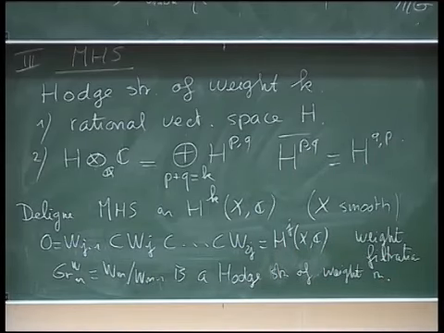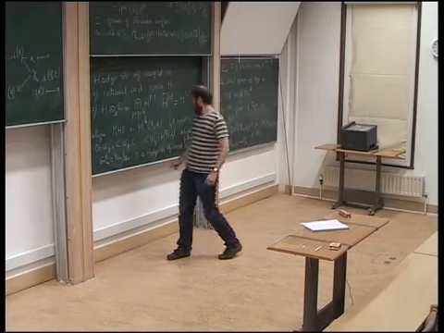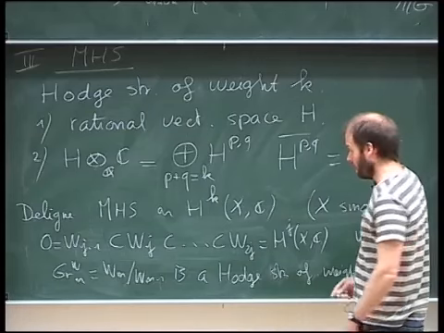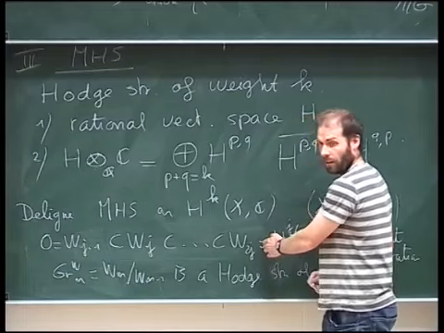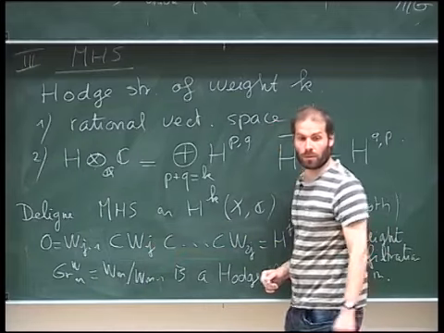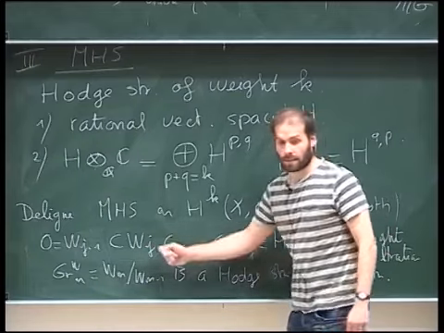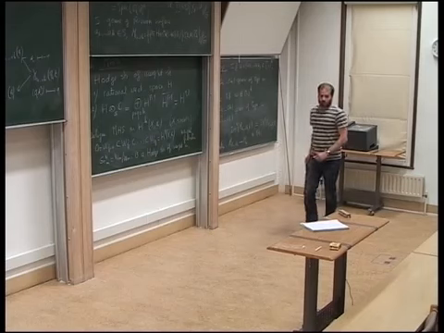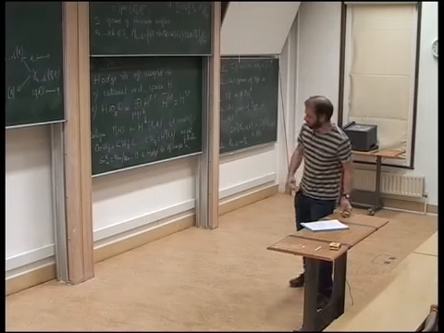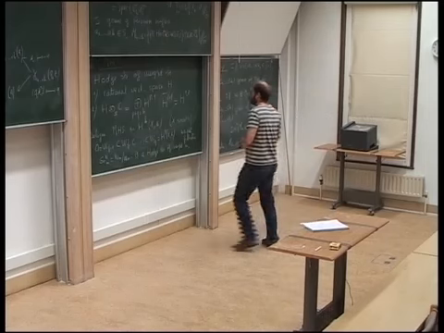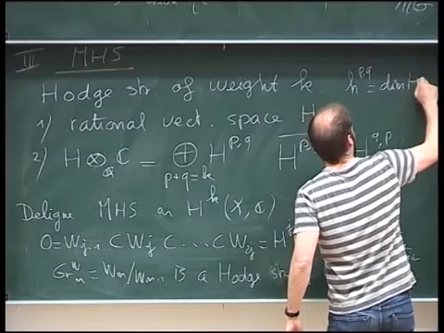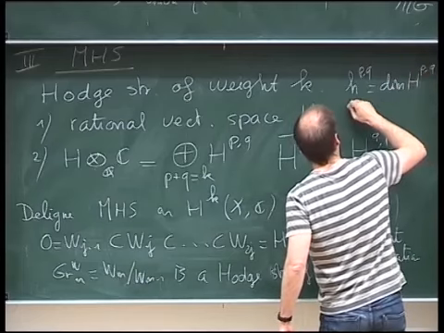That is called the pure part. In the case of a projective and smooth variety, all these are equal to each other, and we have only W_k, so we have equality here instead. We call the dimension of this H^{p,q} the Hodge numbers.